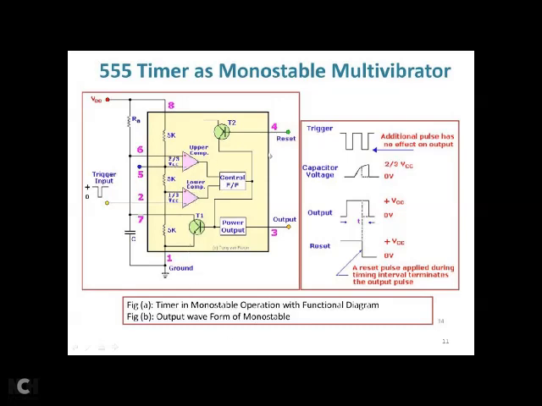In this particular case, pin number 4, reset, is connected to VCC. We are not using it, right? And control pin number 5, this one, is connected to ground through a capacitor.